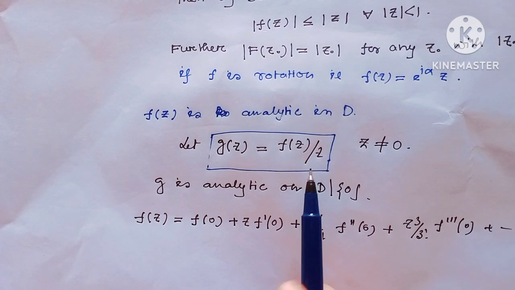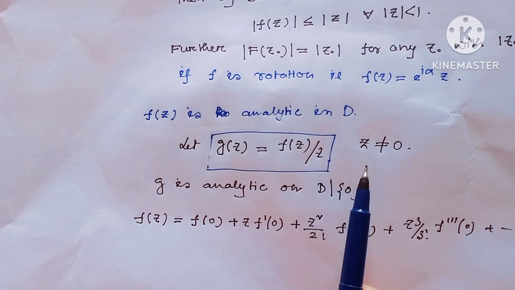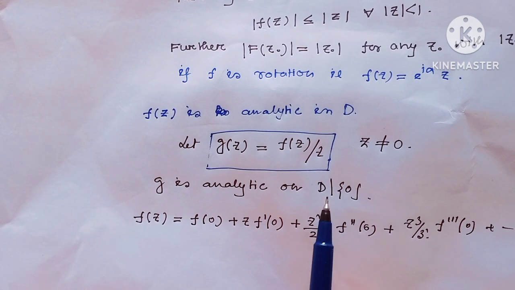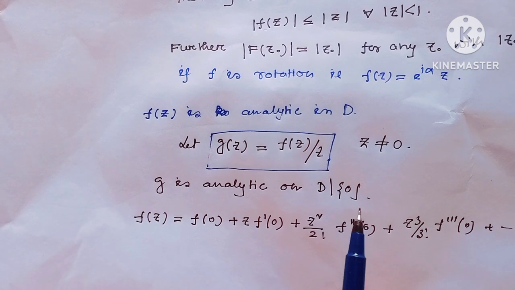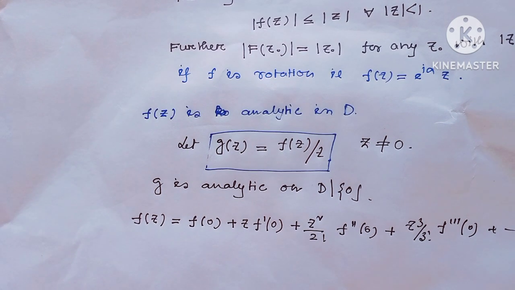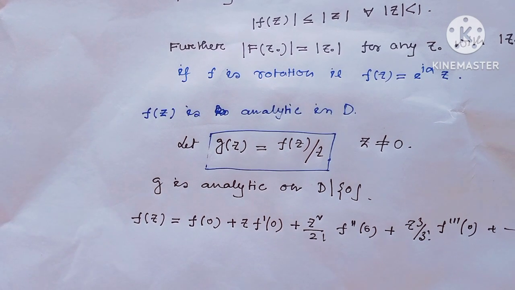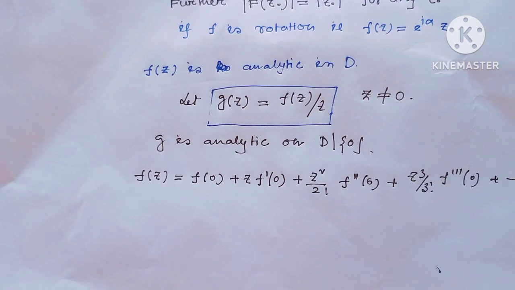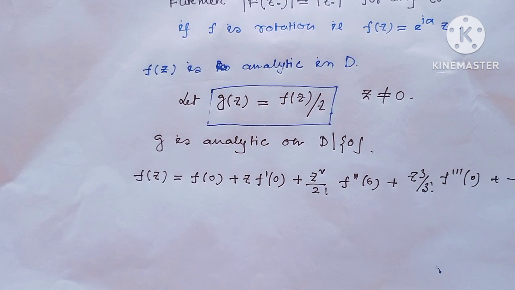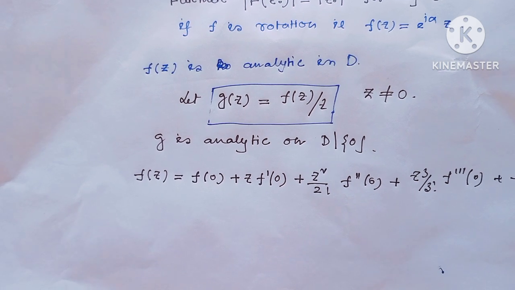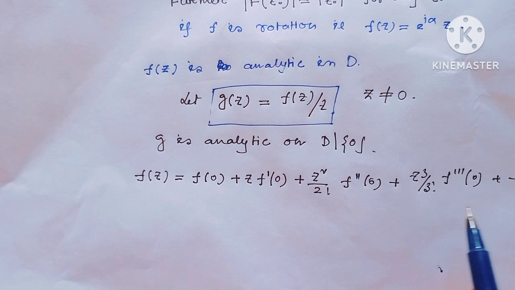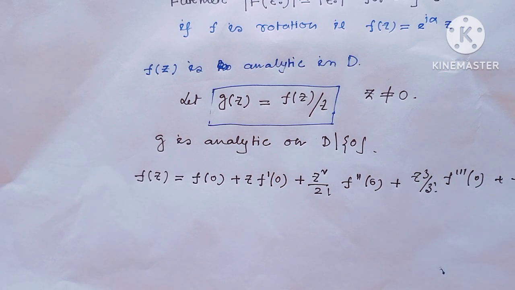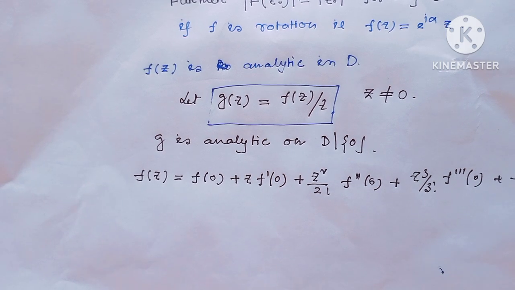Obviously g is analytic on D omitting the singleton set 0. Since f is analytic in D, there exists a power series expansion. Consider f(z) equal to f(0) plus z f dash 0, plus z square over 2 factorial f double dash 0, plus z cube over 3 factorial f triple dash 0, and so on.